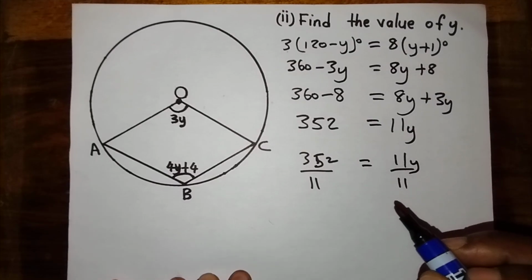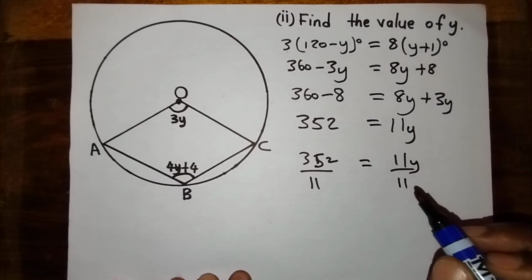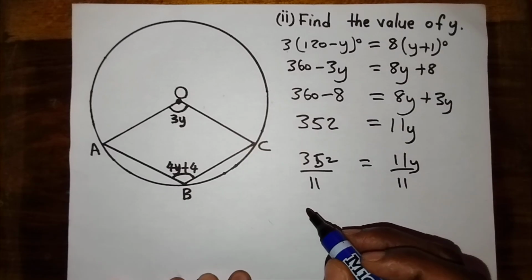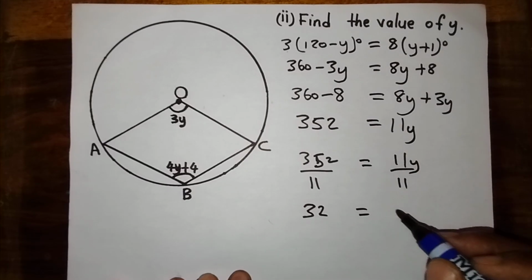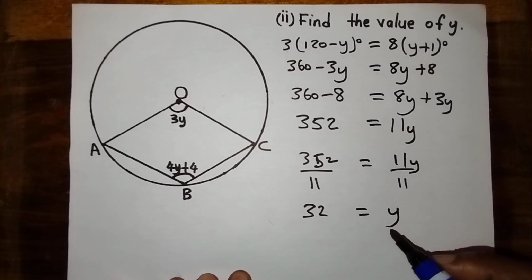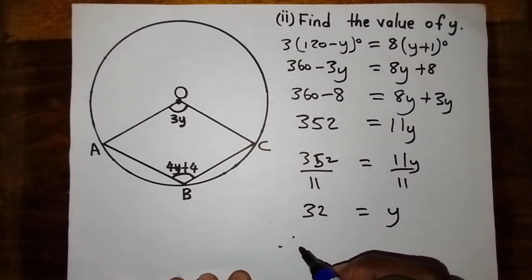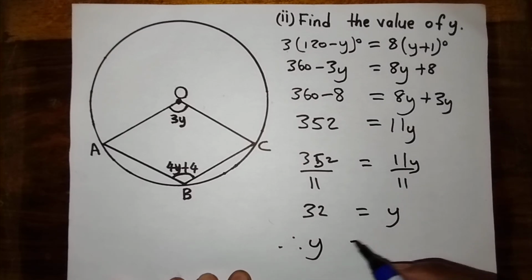So 352 divided by 11, we get 32. And 11 into 11y, we get y. So finally, therefore, the value of y equals 32 degrees.